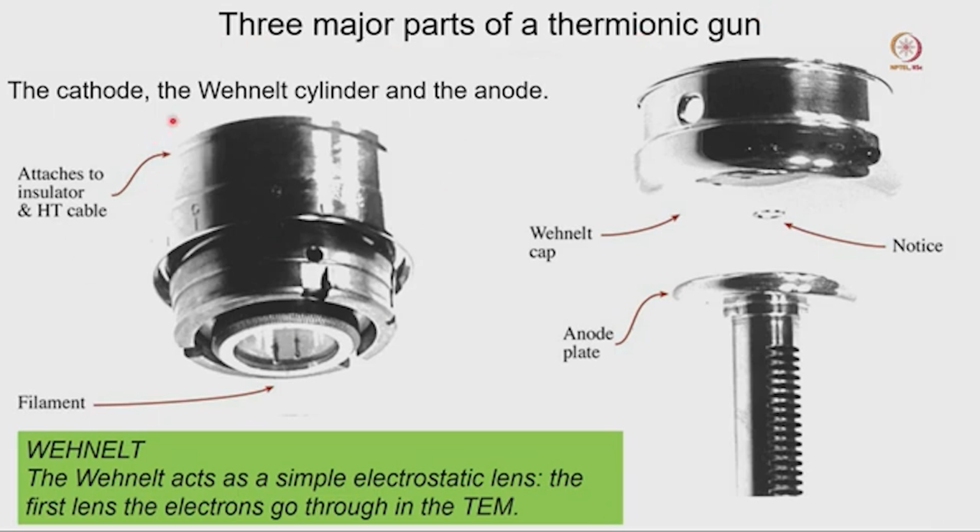Here is the filament cable, the filament attached to the high tension cable, and this is the filament tip. There is a cap which will go and cover this particular area. This is called the Wehnelt cap, and your filament will come out from here, and at the top you have the anode plate like this.